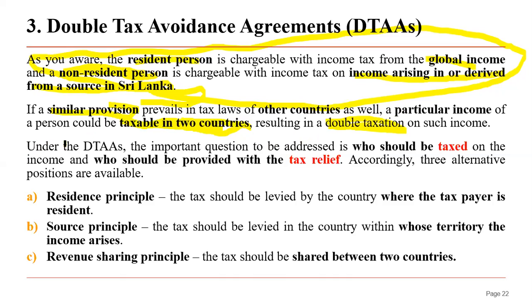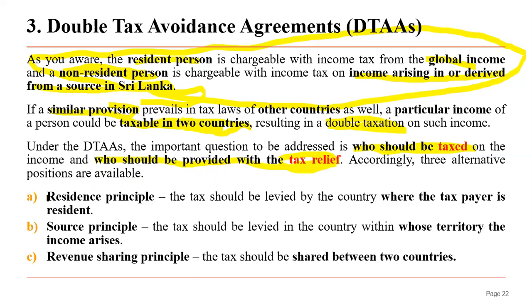Under the DTAs, the important question addressed is who should be taxed on the income, and who should provide tax relief as a tax credit. Accordingly, alternative positions are available.